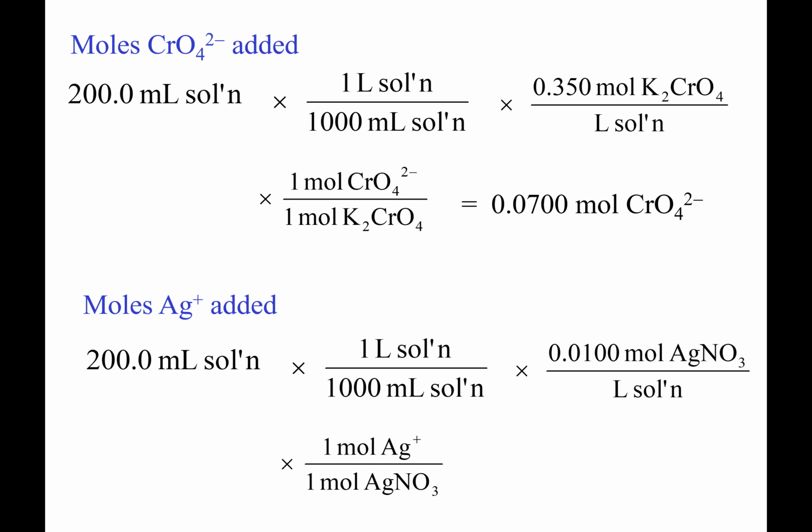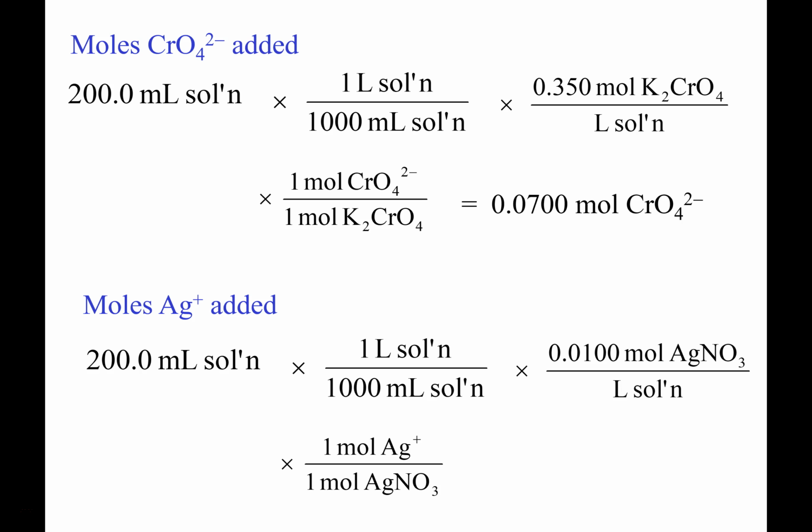So can't you just start it out with the Ag+ instead of doing the stoichiometry and the table? Yeah, you probably could. I would be fine with that on a test. She's saying, can I just go ahead and think this through. Just be careful. So, yep, you could.